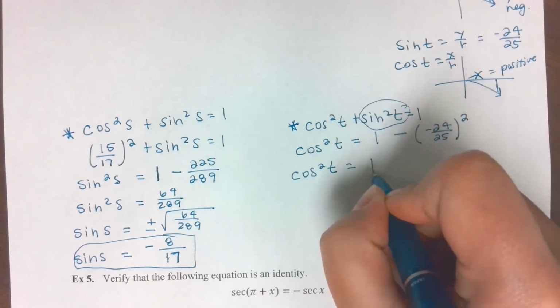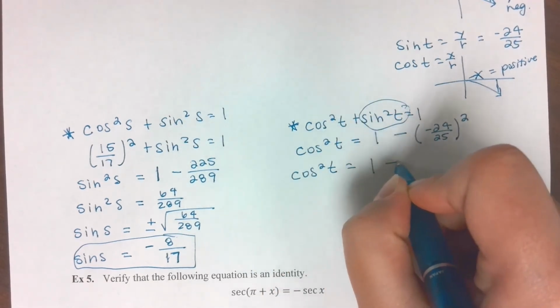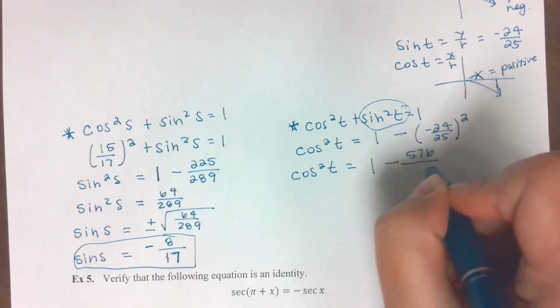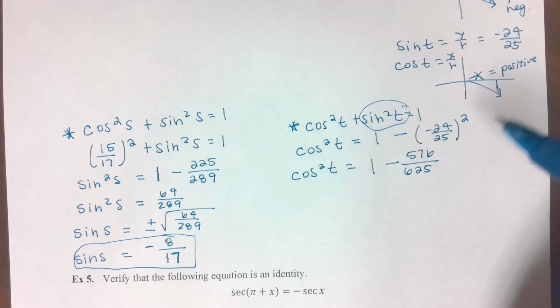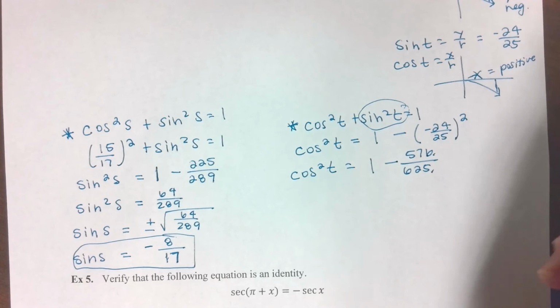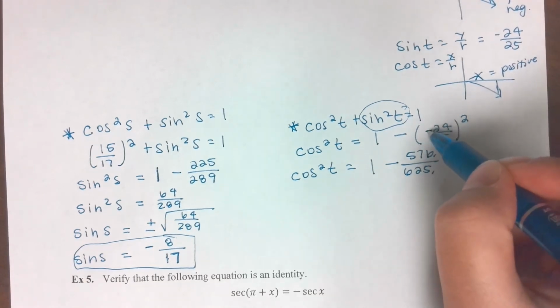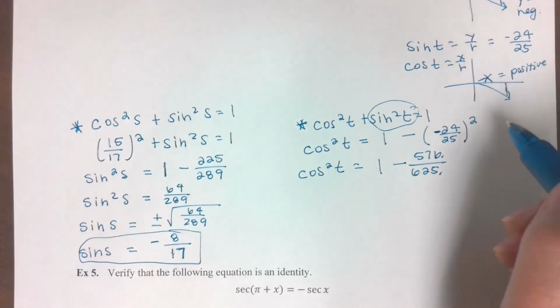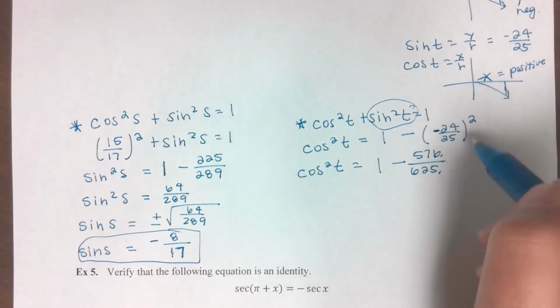So that's going to give me 1 minus 576 over 625, so 24 squared and then 25 squared. Make sure that you're putting your negative on the inside of the parentheses when you square it. Anytime you square something, it should come out positive.